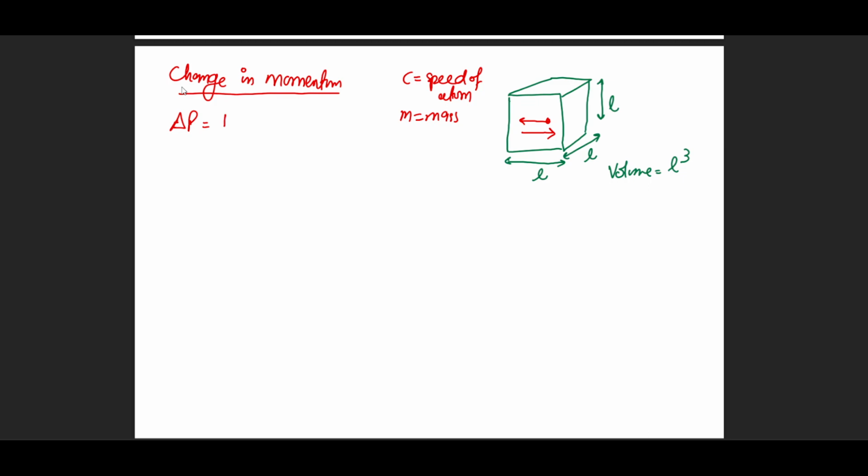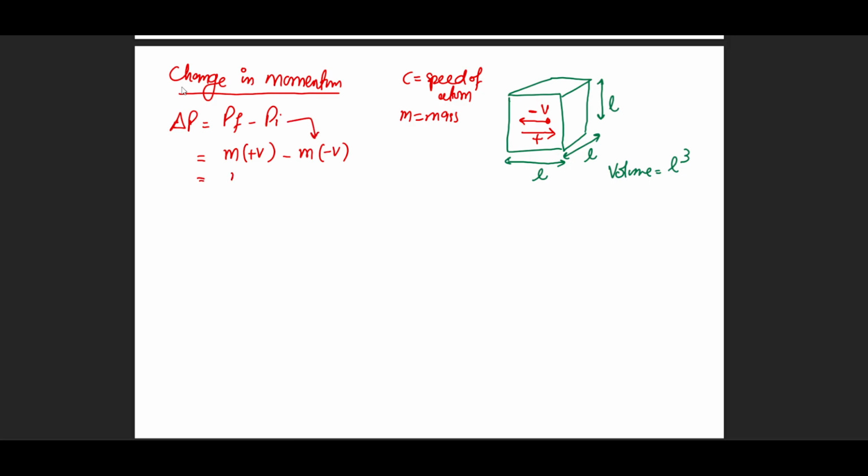So the change in momentum should be final momentum minus initial momentum. We know that it was moving towards the left side, so that will be a negative velocity. And when it collides and goes back to the right side, it will be a positive velocity. So the final momentum is mass multiplied by positive c, because it collides and goes to the right, minus mass multiplied by negative c, because initially it was moving towards the left.